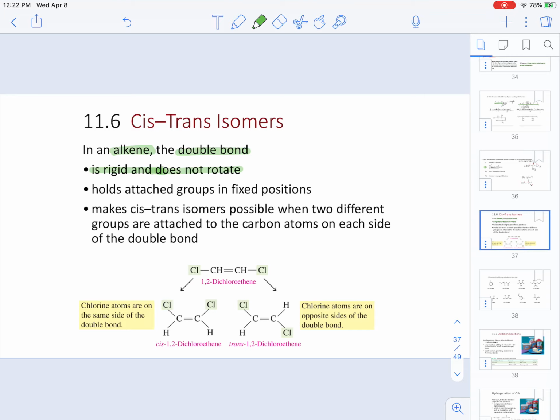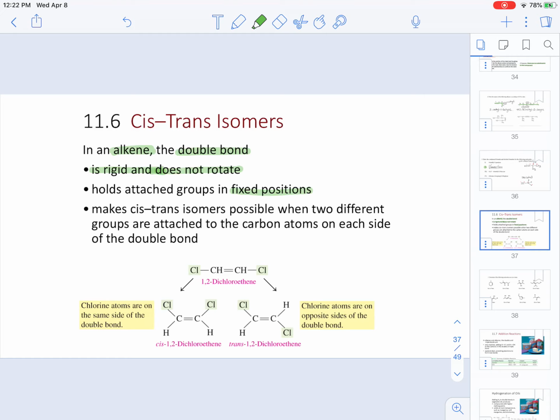Now, this carbon-carbon double bond is going to be holding the atoms in fixed positions, and that's what gives rise to the cis and trans isomers. For example, we have the following molecule, which is 1,2-dichloroethene.